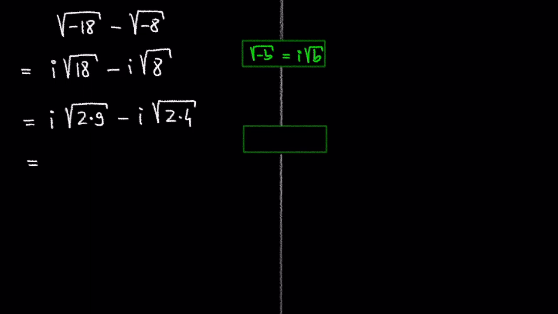So now we can split the square root of 2 times 9 and the square root of 2 times 4 into the square root of 2 times the square root of 9 and into the square root of 2 times the square root of 4.